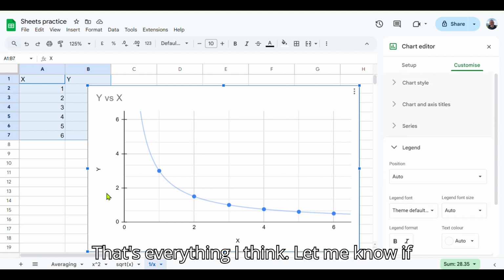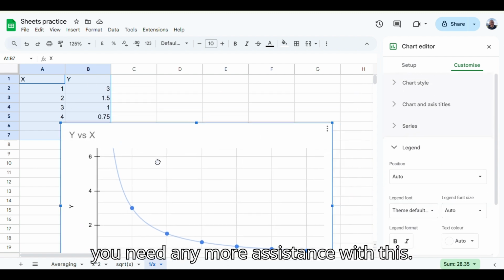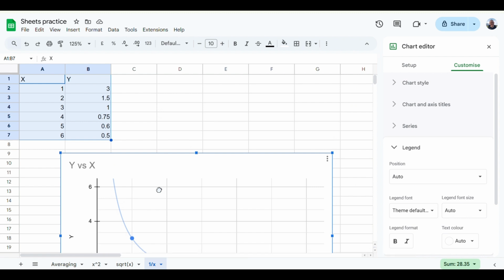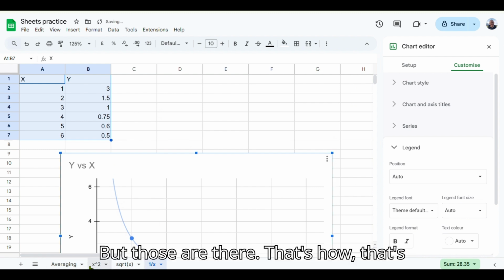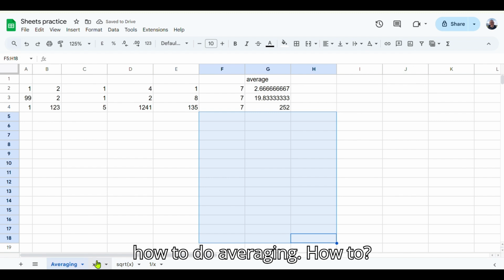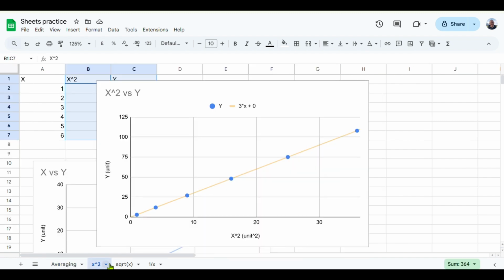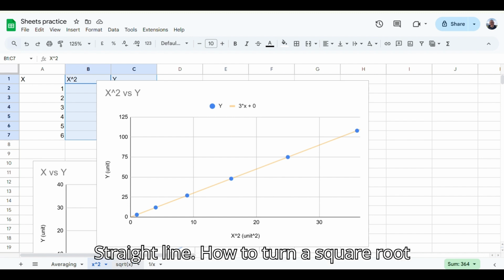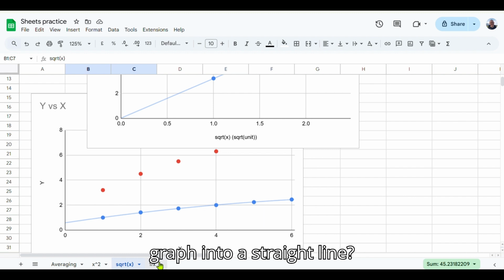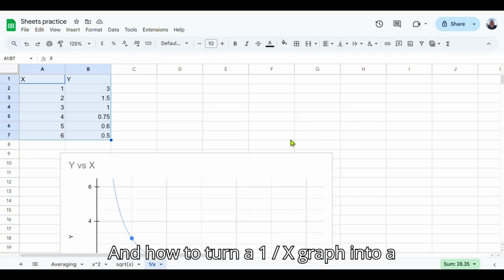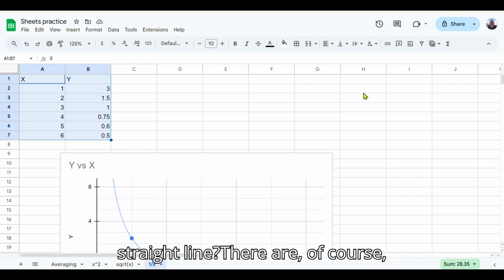Okay, that's everything, I think. Let me know if you need any more assistance with this, but that's how to do averaging, how to turn an x squared graph into a straight line, how to turn a square root graph into a straight line, and how to turn a 1 over x graph into a straight line.